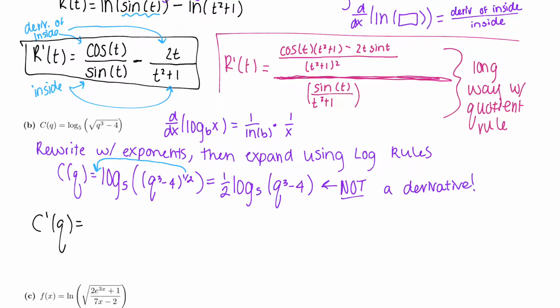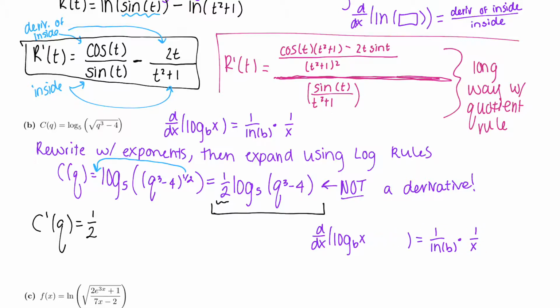So now taking the derivative of this guy here. That 1/2 right here is just going to stay in front. For log base 5, the only thing we're going to be doing different is that we have an inside part here.